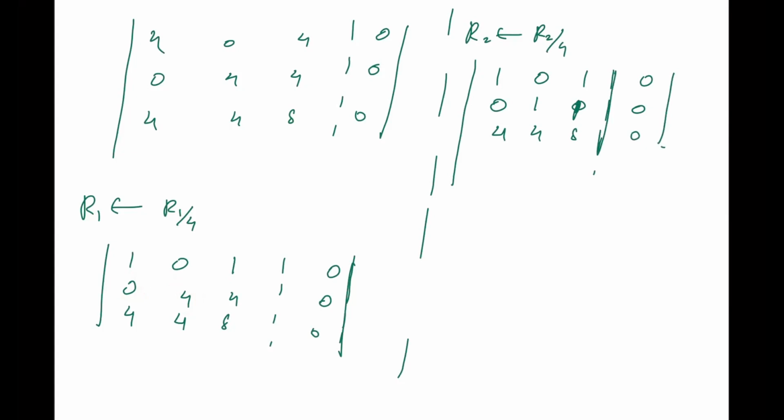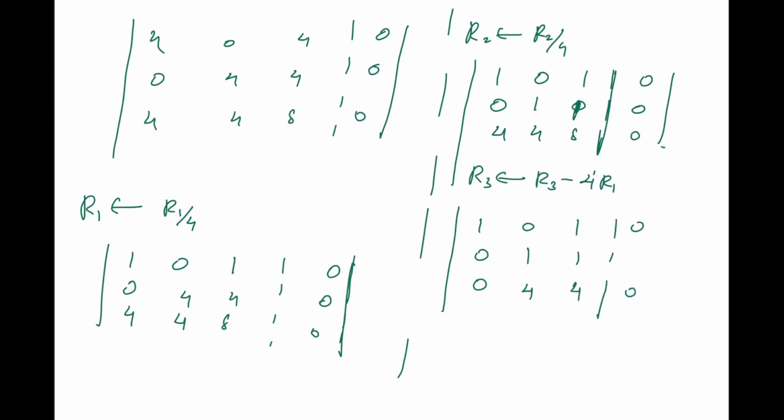So to my third row, I want to make this 0. So I can have row 3 equal to row 3 minus 4 times R1. So I can have 1, 0, 1, 0, and then 0, 4, 4. It is 0.